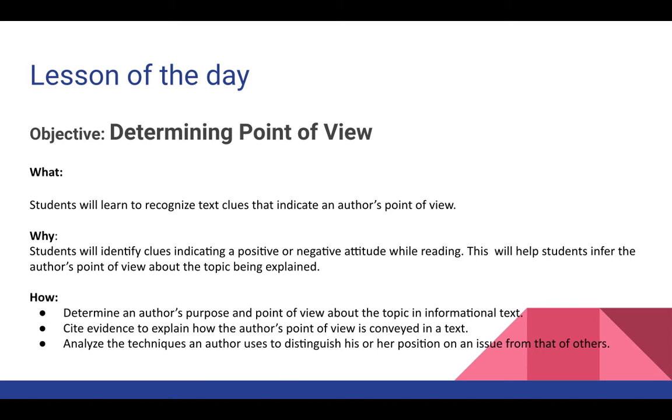The how. We're going to determine an author's purpose and point of view about the topic in informational text. We will cite evidence to explain how the author's point of view is conveyed in the text, and then we will analyze the techniques an author used to distinguish his or her position on an issue from that of others.